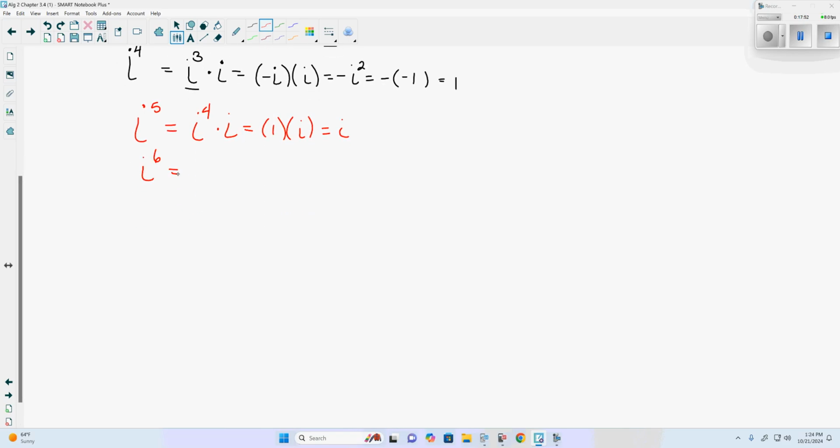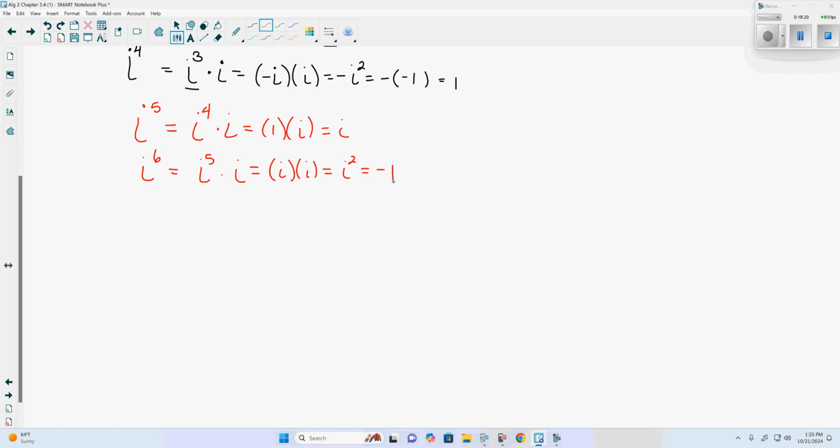Let's look at i to the sixth. Well, i to the sixth would be i to the fifth times i. Well, i to the fifth is just i, because we found that just a second ago, yes? Well, that leaves us with i times i, which is i squared, or negative 1.